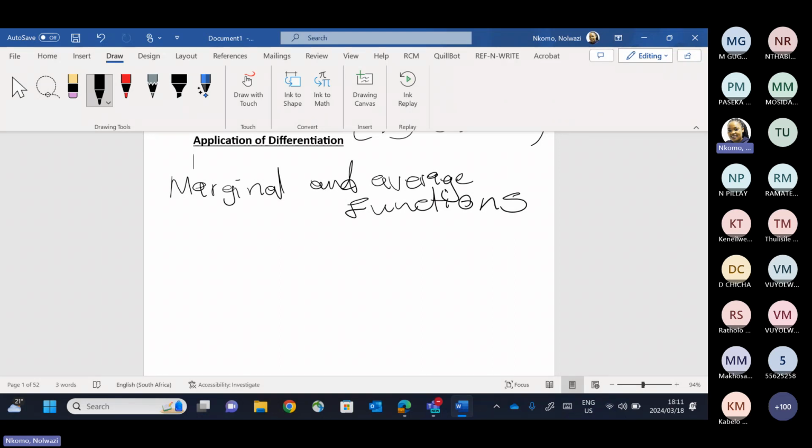And in economics, the rate of change at which the total revenue changes is called the marginal revenue, meaning if you differentiate the total revenue, you should get the marginal revenue, right?